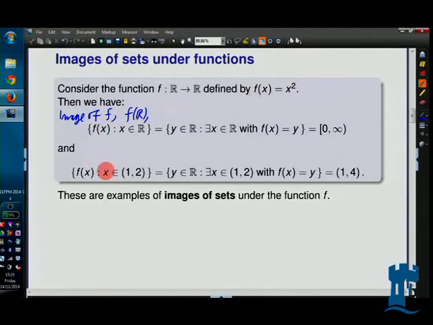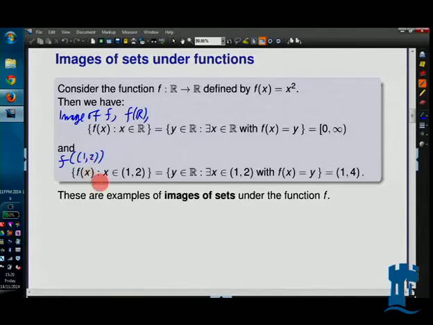But if you restrict attention to (1, 2), we denote this one. This is the image of the set (1, 2). Not an ordered pair, this is the interval (1, 2).